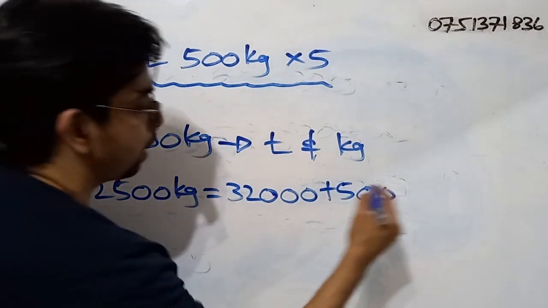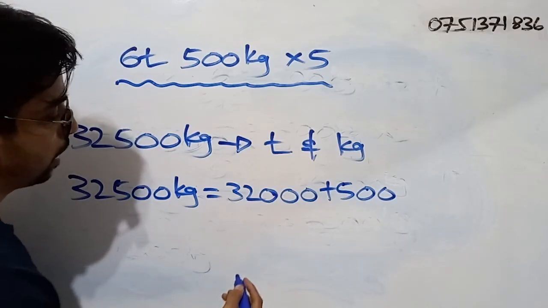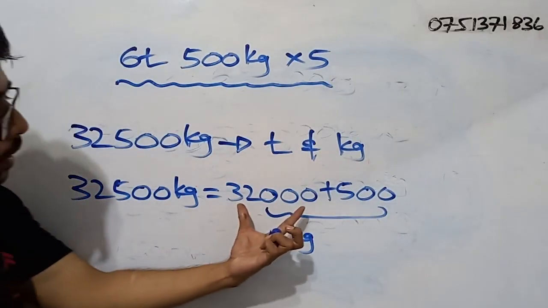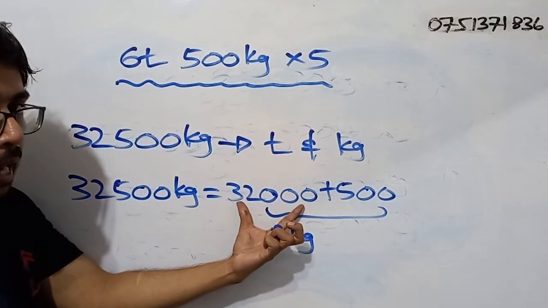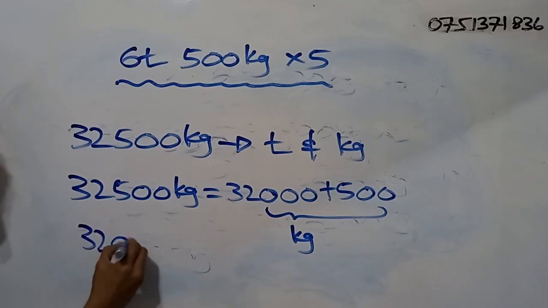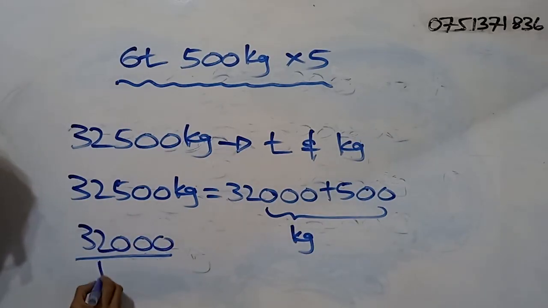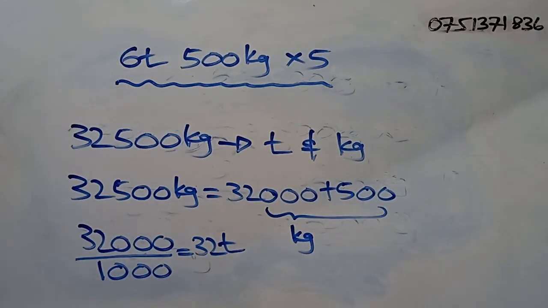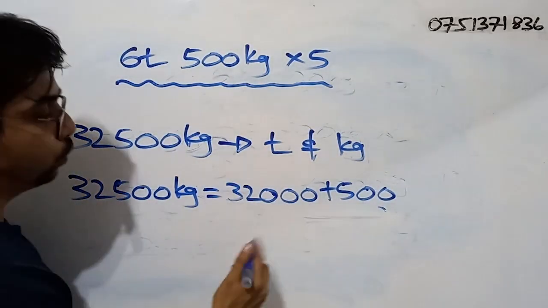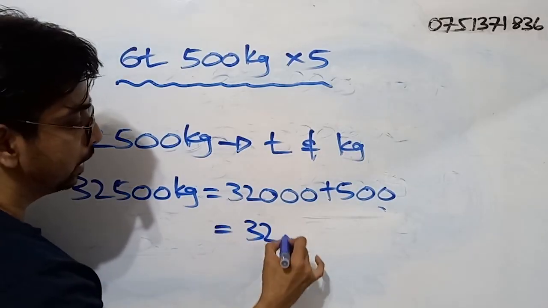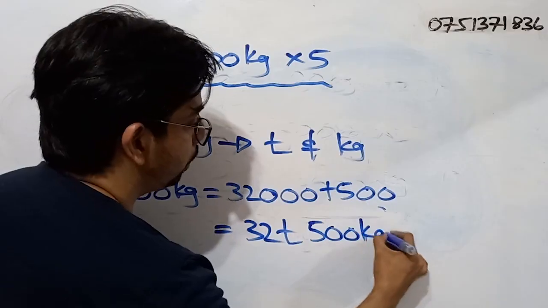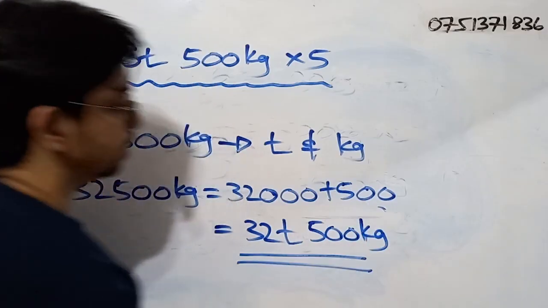Now both of these are kilograms, right? So here 32,000 kilograms. If I take 32,000 kilograms and divide it by 1000, I get 32 tons, right? That means 32,000 kilograms, what is that? 32 tons. Then 500 kilograms. So that will be the answer.